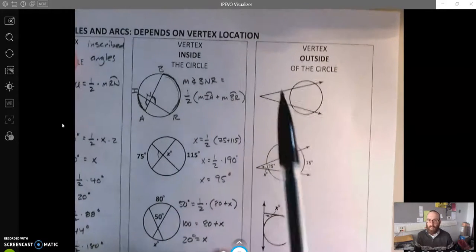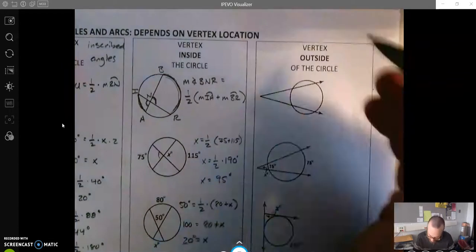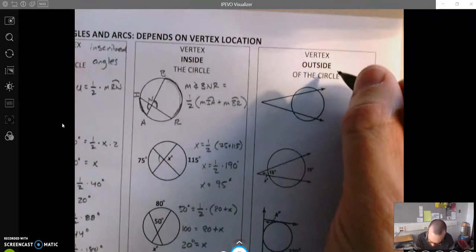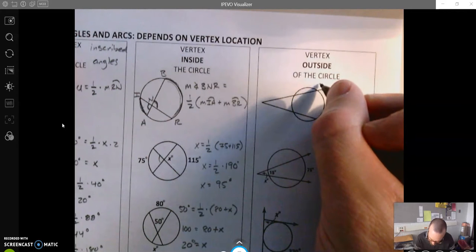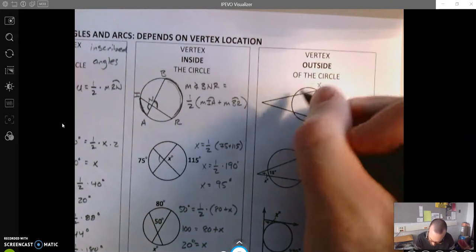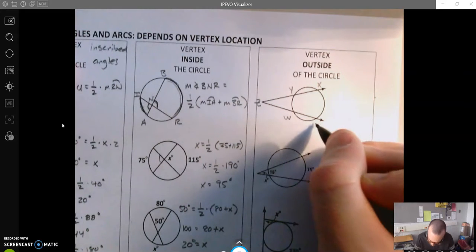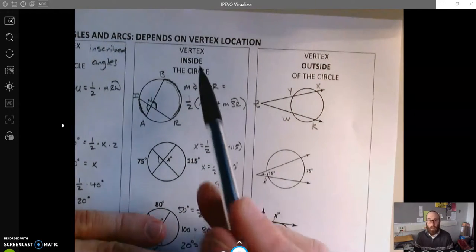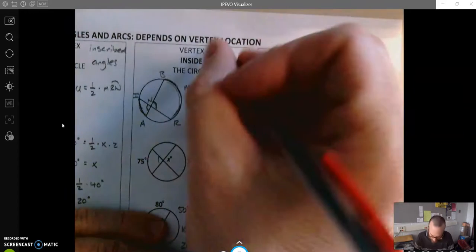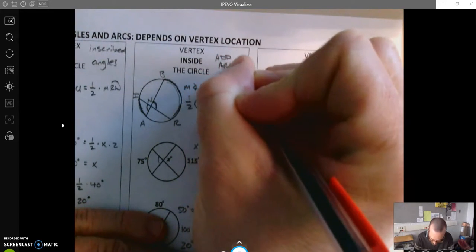And then lastly, what happens when the vertex has been dragged so far that it's outside of the circle? I still need 5 letters here, and we're going to go with generic 5 letters, X, Y, Z, W, and let's say K, just for fun. When it was inside, we added the arcs.